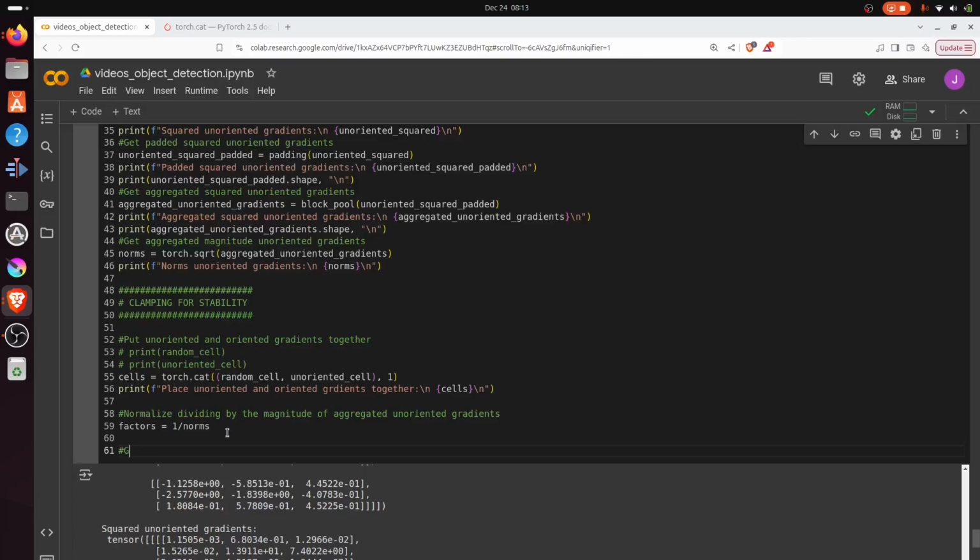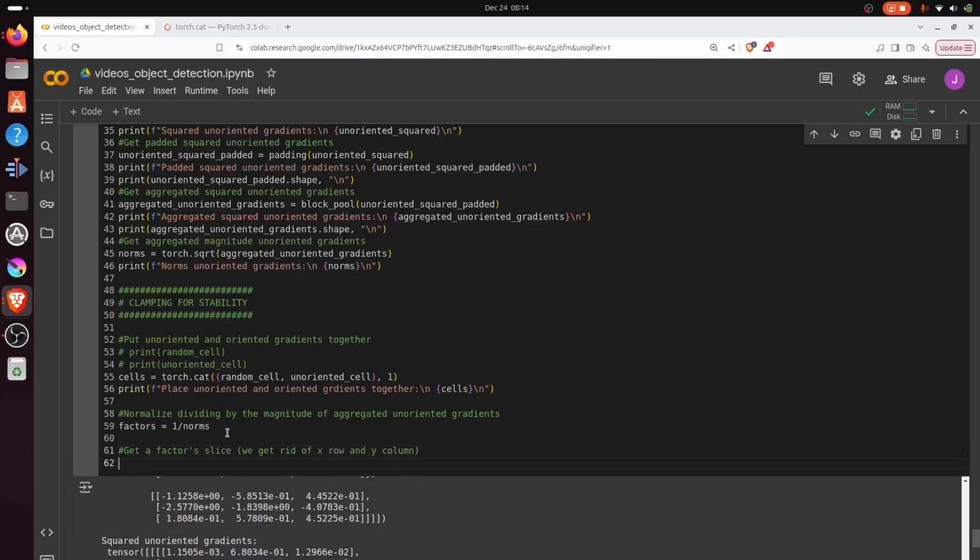So let's get factors slice, and with this we're going to get rid of certain rows and columns, say X row and Y column.